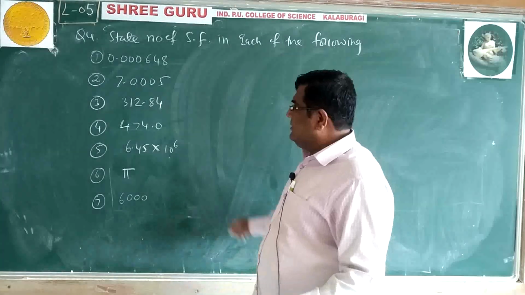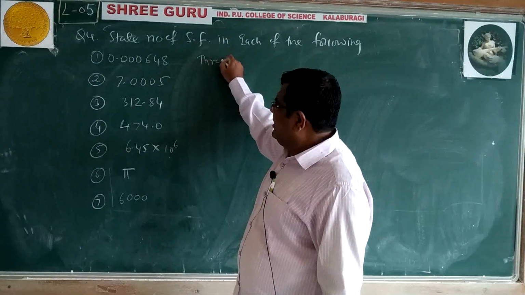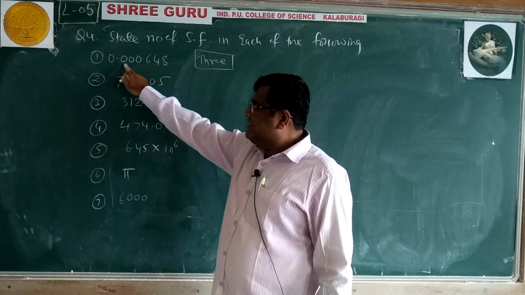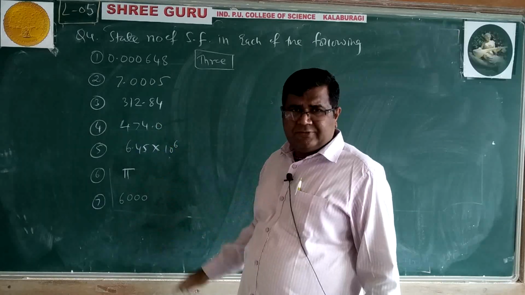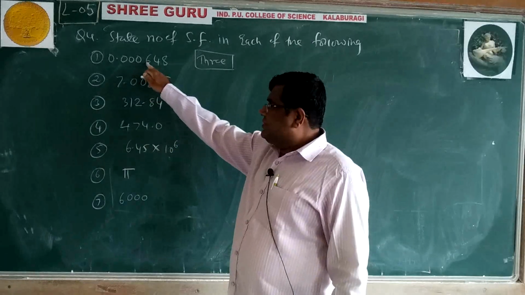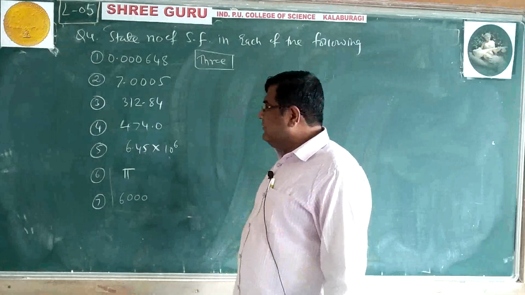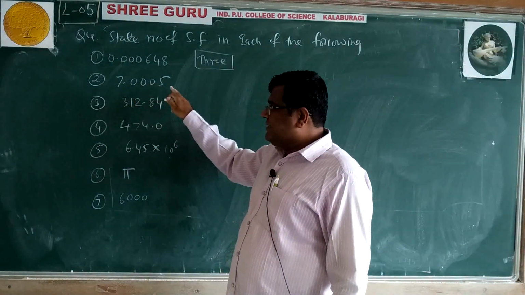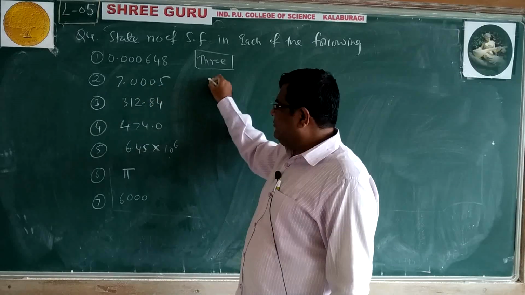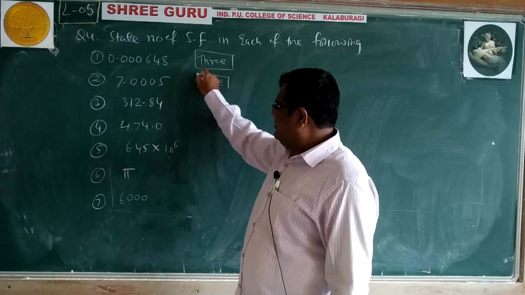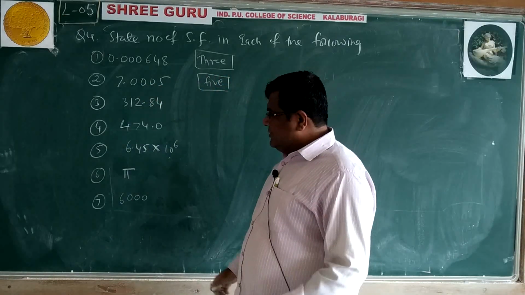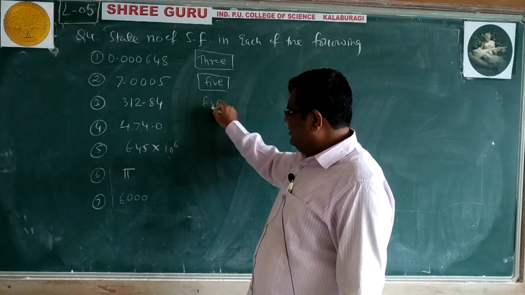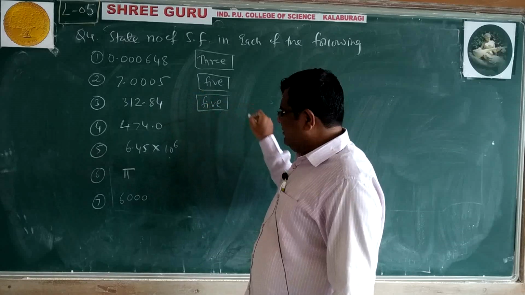The first answer is 3: 1, 2, 3. The zeros which are to the left of the non-zero digits are insignificant. The zeros which are in between these two non-zero digits are significant. So 1, 2, 3, 4, 5. This one is 1, 2, 3, 4, 5 once again, because all non-zero digits are there.